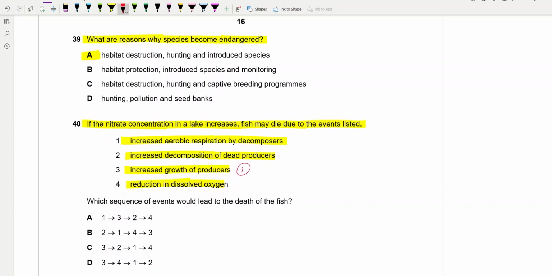The second one would be increased decomposition of dead producers. The third one would be increased aerobic respiration by decomposers. The fourth one would be reduction in dissolved oxygen. So the correct option would be option C, 3, 2, 1 and 4.